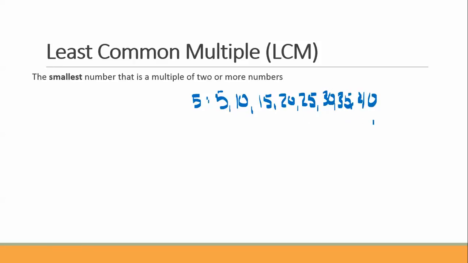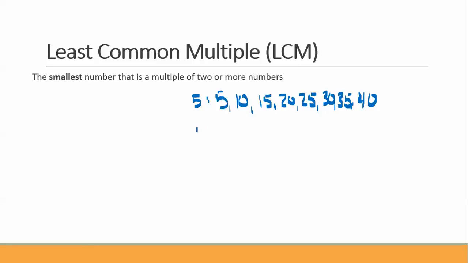Do you see where the divisibility rule came in for having 5s or 0s at the end? So those are the multiples of 5. Remember multiplying made things bigger, so multiples are bigger.